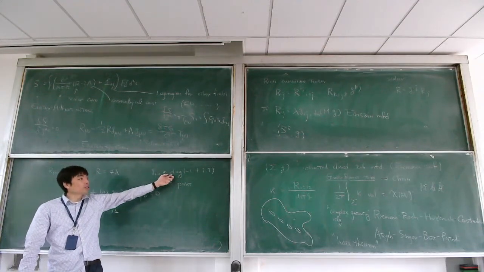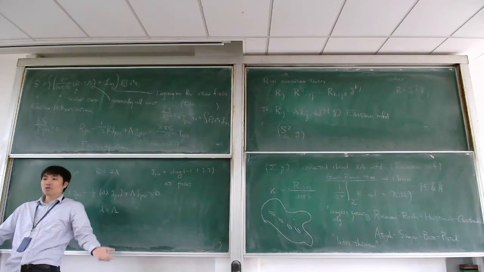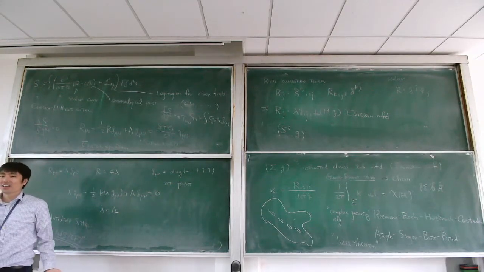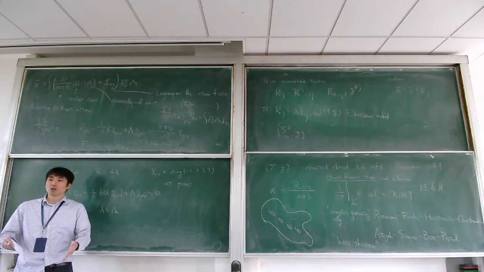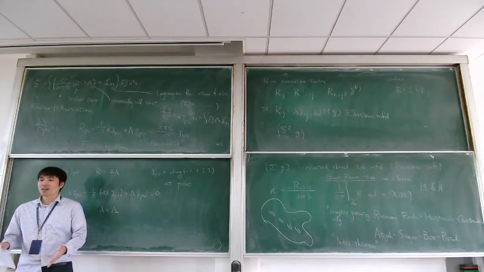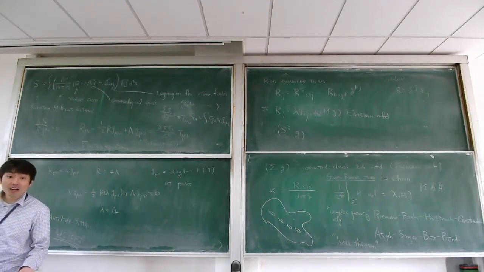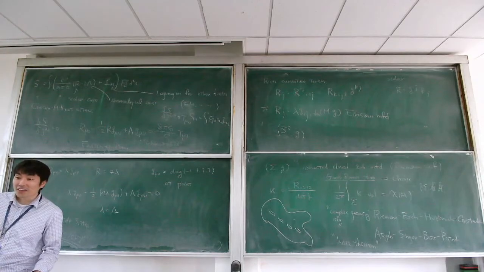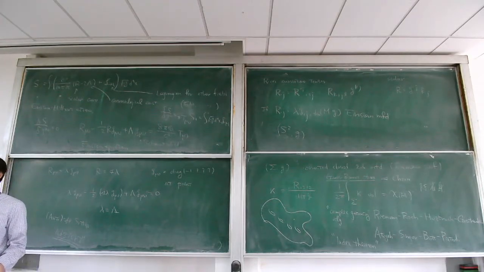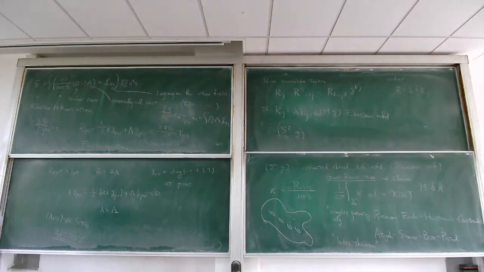At the point you can always take the diagonal matrix minus 1, 1, 1, 1. And always you can choose local coordinates in such a way that the metric is minus 1, 1, 1, 1. What is it called in physics? Local inertial system. Yeah.